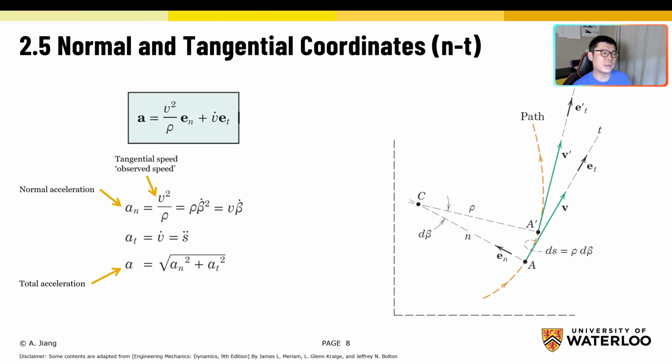The normal acceleration can be calculated by v squared divided by ρ, and the tangential acceleration will simply be given by the derivative of the velocity. In any curved motion, when we say velocity, we are actually referring to the tangential velocity, so I would like to call this the observed speed. So the total acceleration is given by combining the normal and the tangential acceleration.